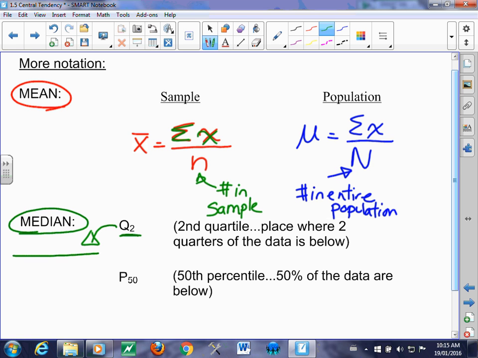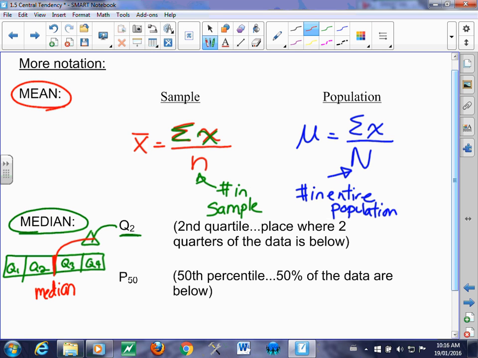If I take all my data and put it in order and divide it into quarters, I go Q1, my first quarter, Q2, my second quarter, Q3, third quarter, so I separated my data into 4 quarters. Q2 occurs right here at the end of the second quarter. That is where the median occurs.